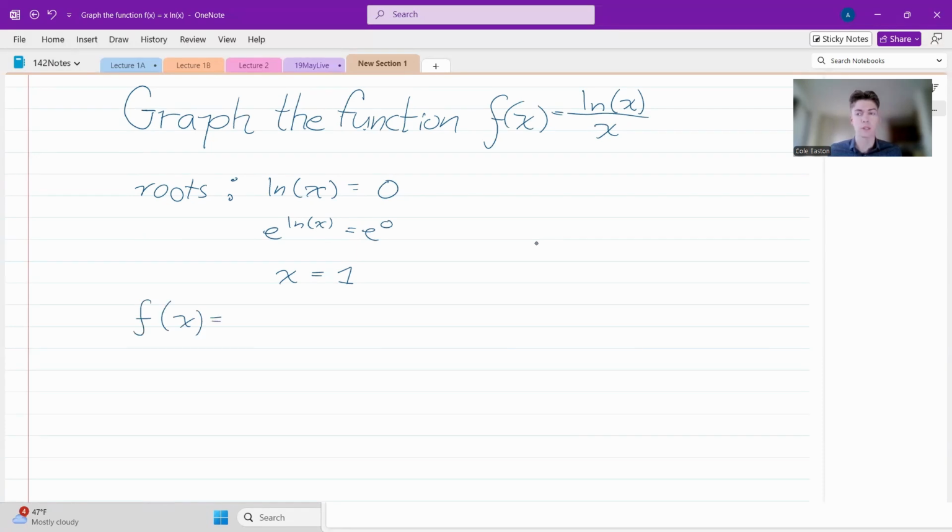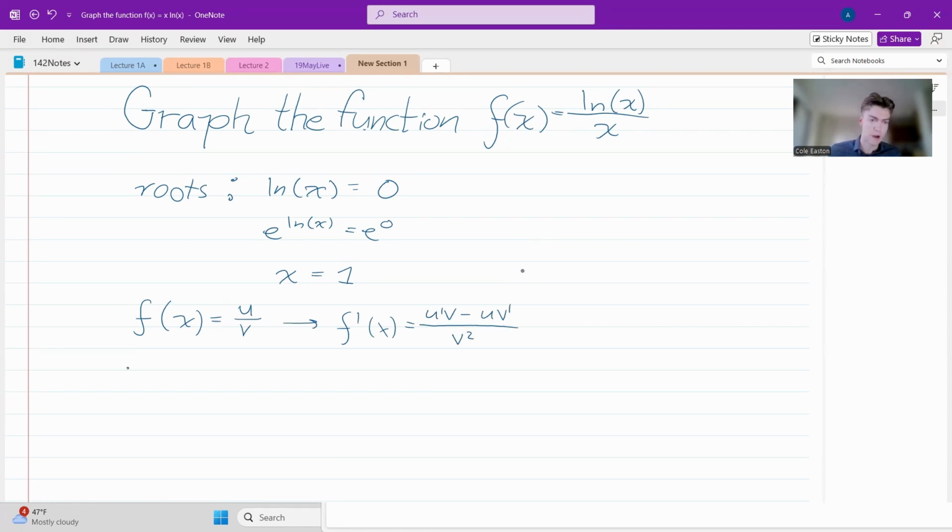So let's just quickly remind ourselves of the quotient rule. So if f of x is u over v, that means that f prime of x is u prime v minus u v prime over v squared.